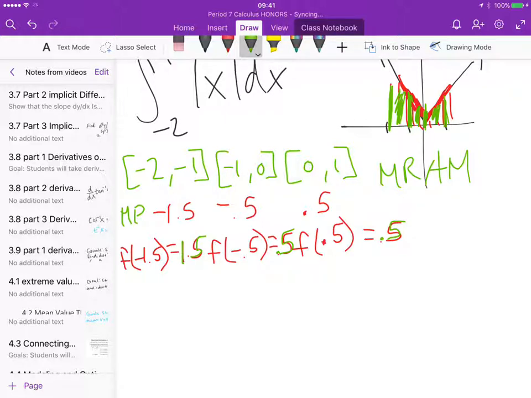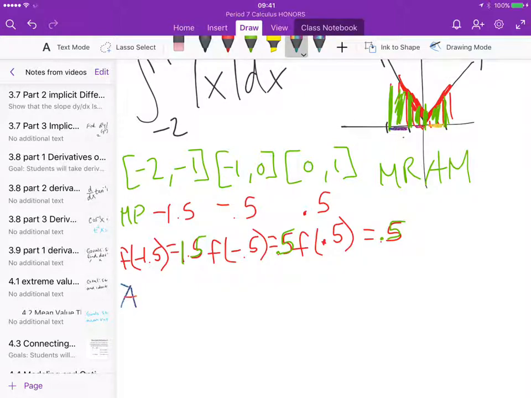Well, the base, remember, is the change of x from here to here. So the change of x from -2 to -1, from -1 to 0, and from 0 to 1, that is a change of 1. So that means our width in this case is going to be 1 for everything.